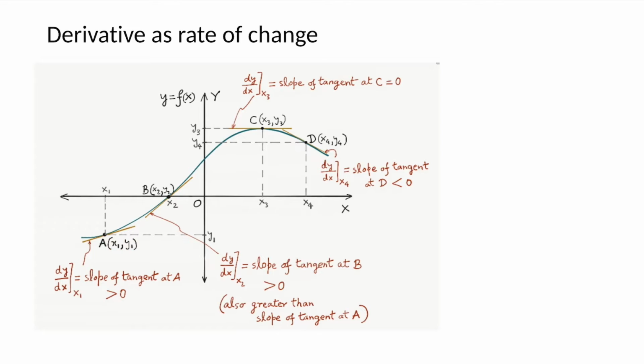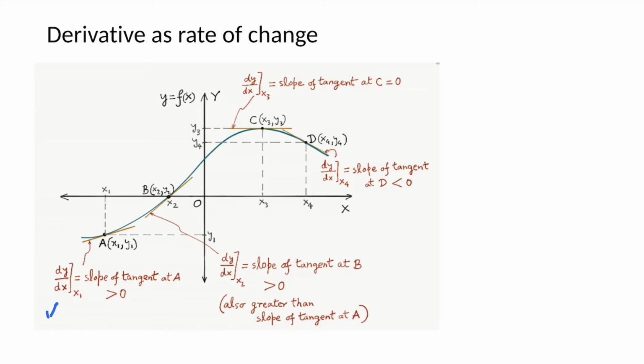So the derivative implies the rate of change of the value of y, which is the function, for a very small infinitesimal change in x, right? So we write it as dy by dx when x is at x1. We can also write this in some other ways.